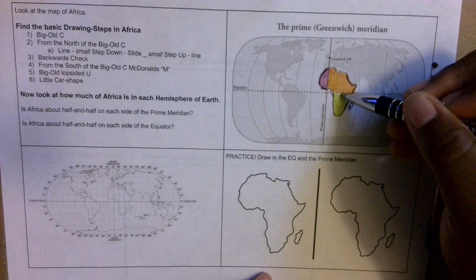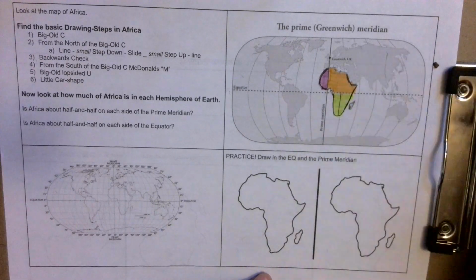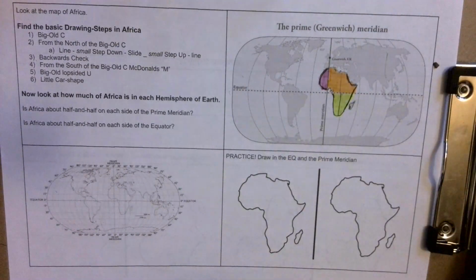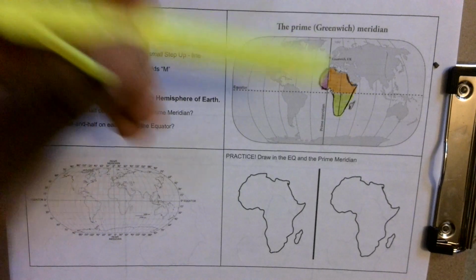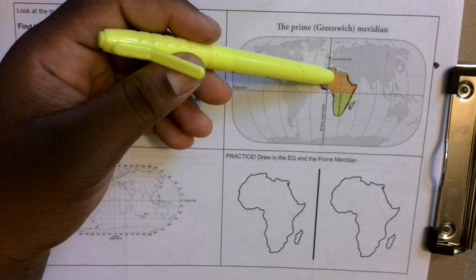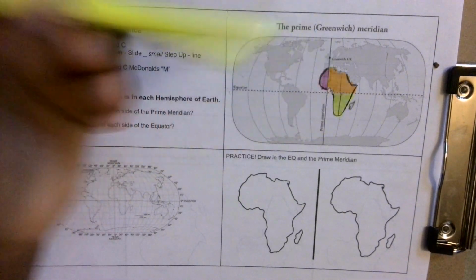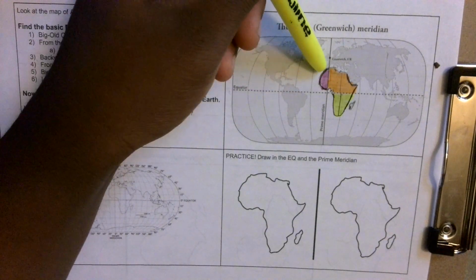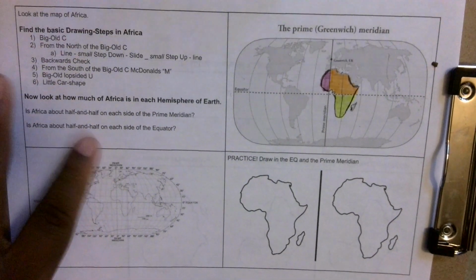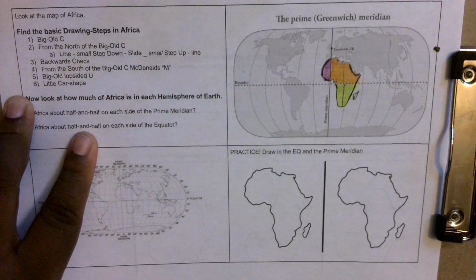But it's about the same length. And so it's important to take the time and notice those things. See, there's about that much, and about that much there. So Africa is closer to being evenly distributed between the north and the south than it is being distributed between the west and the east. So those are just some things that are important to notice so that we can start seeing the shape of Africa properly. Okay?